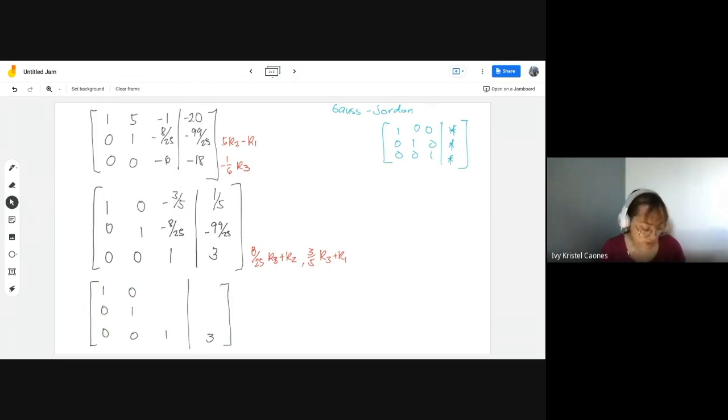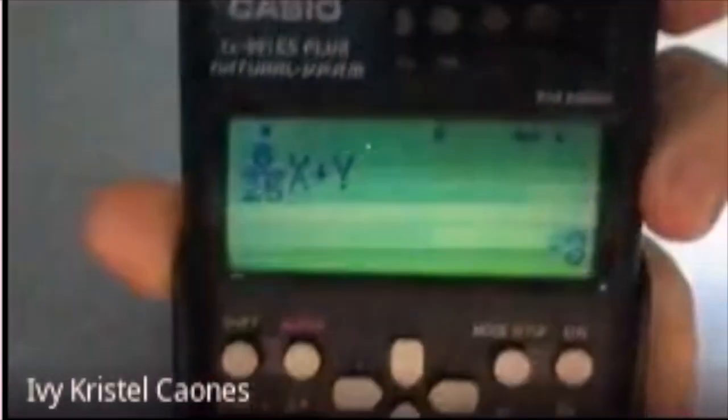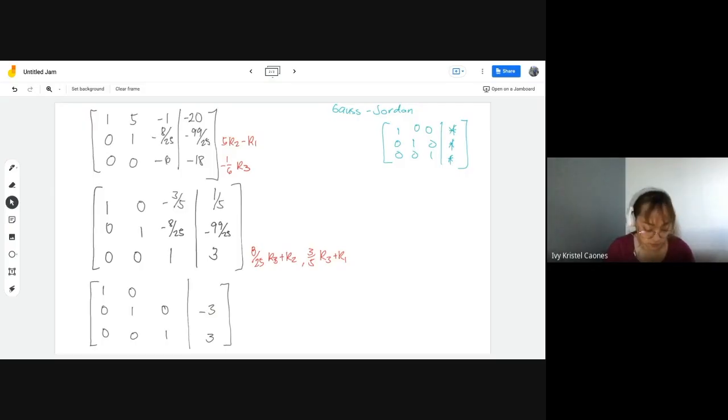That will give you 8 over 25 times row 3 plus row 2, 1 and negative 8 over 25 is 0. Next is 3 for R3, then negative 99 over 25 will give you negative 3. Then 3/5 R3 plus R1.